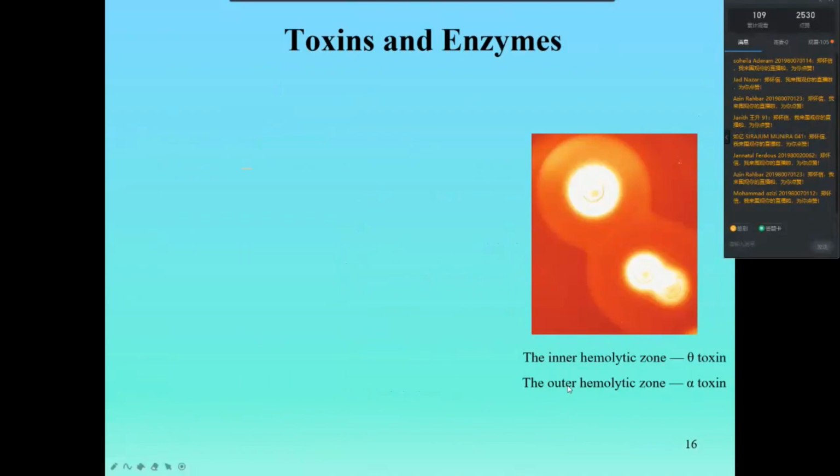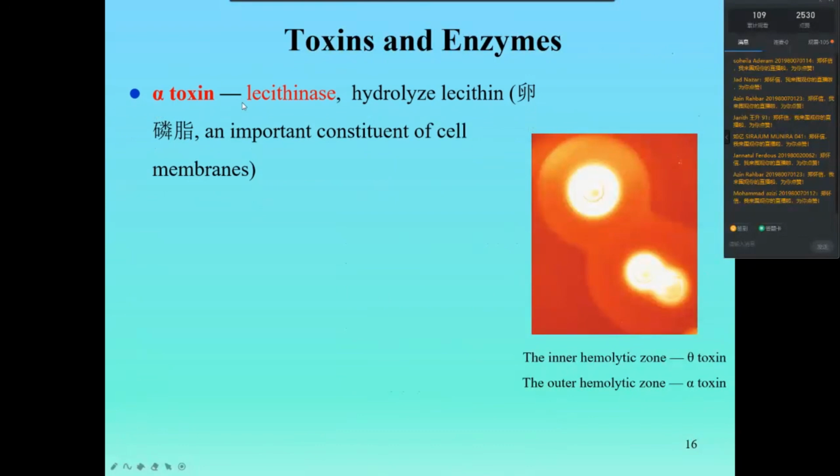Okay. There are toxins and enzymes. We introduced the alpha toxin. So that's the one to form the outer beta hemolytic zone. This alpha toxin is one enzyme called lecithinase, and the lecithinase can hydrolyze lecithin.